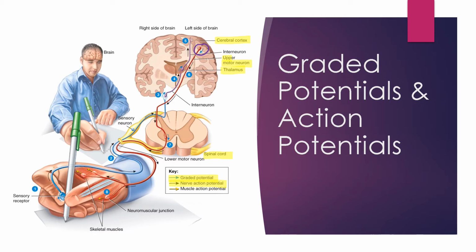Now the graded potential causes an action potential in the upper motor neuron. We can see that action potential traveling down right here. And it's followed by neurotransmitter release in the spinal cord here. Now this causes a graded potential in the lower motor neuron.